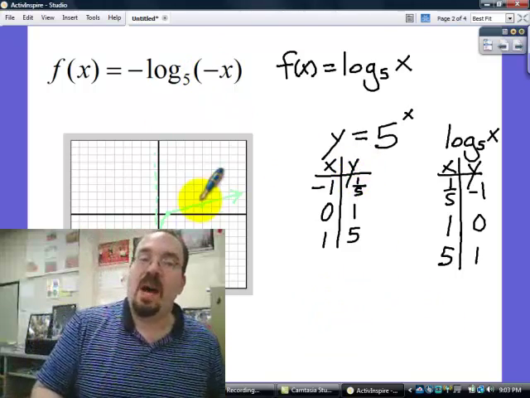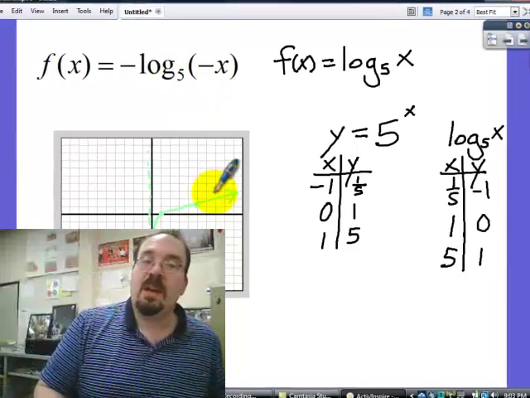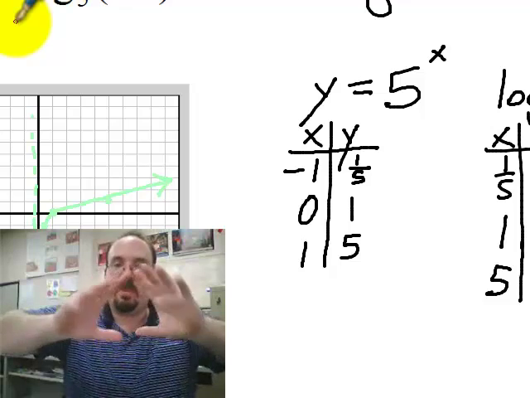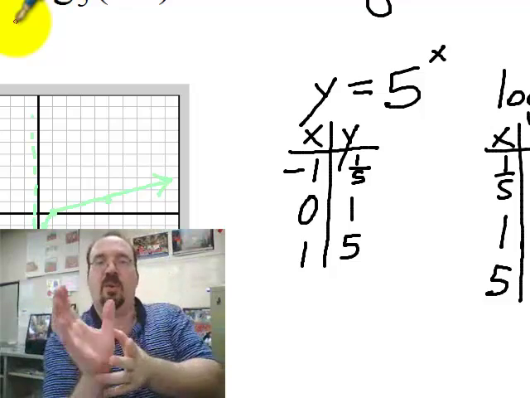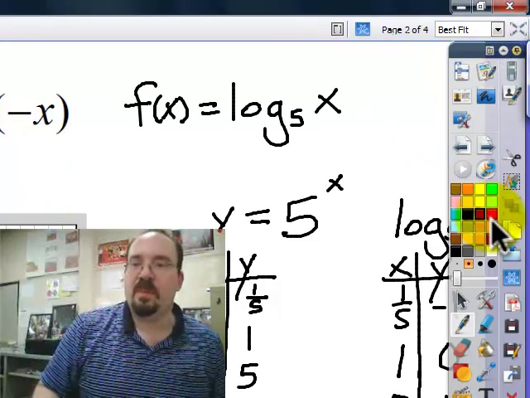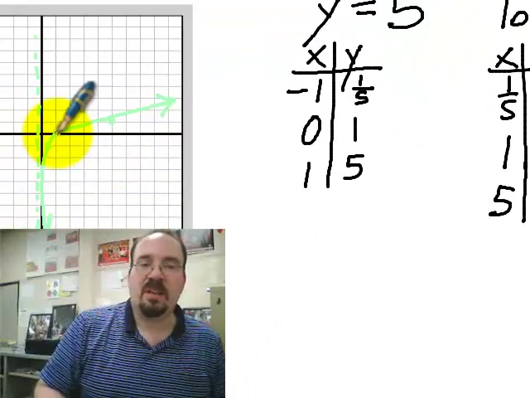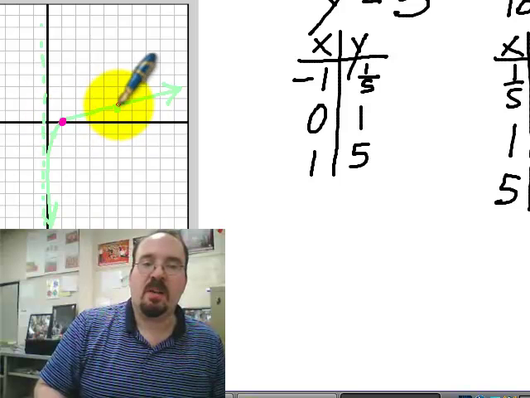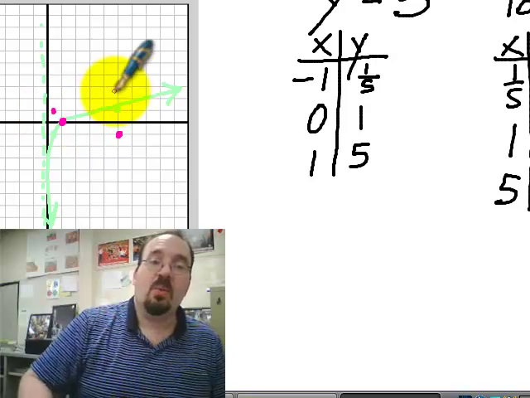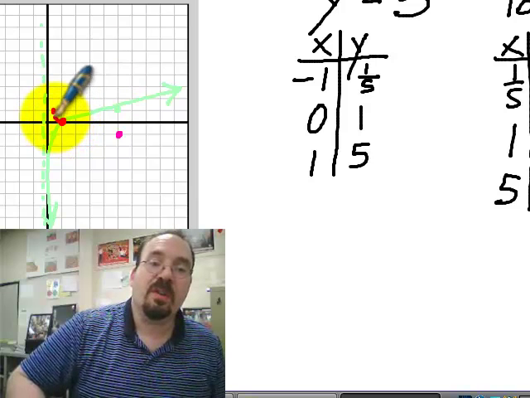So now I am going to take my original graph and I'm going to sharpen the pencil and screw the light bulb. So to sharpen the pencil, this point doesn't move, but this point flips down and this point flips up. Really it doesn't matter which one you do first.